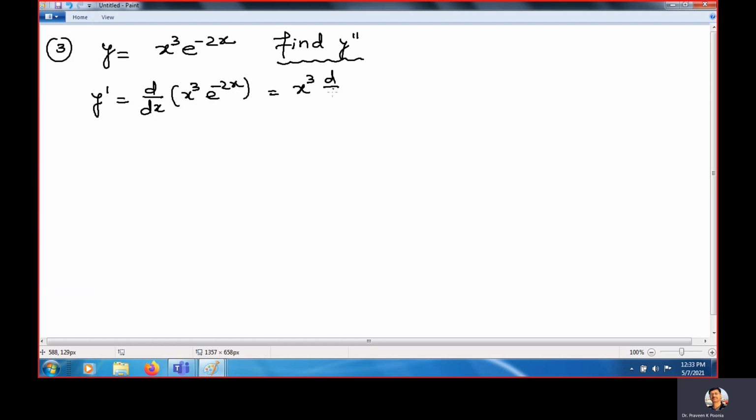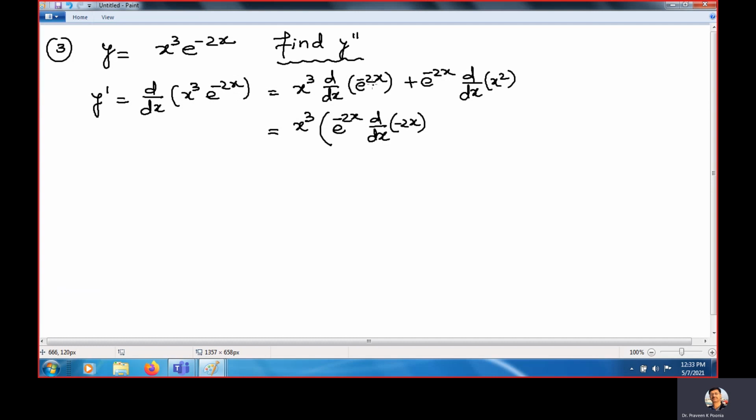First function same to same, derivative of second function, plus second function same to same, derivative of first function d by dx of x power 3. And you write x power 3, and the derivative is e power minus 2x. But now you need to differentiate minus 2x separately because it is different from x. If it is x only, then no problem, but it is minus 2x, so you need to differentiate this also.